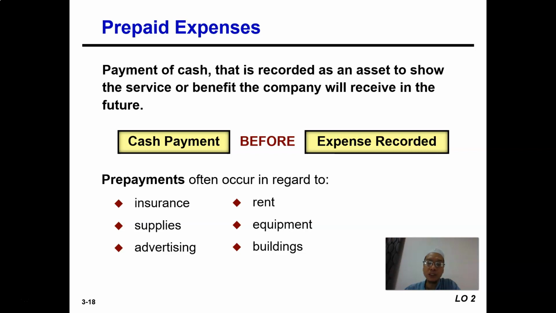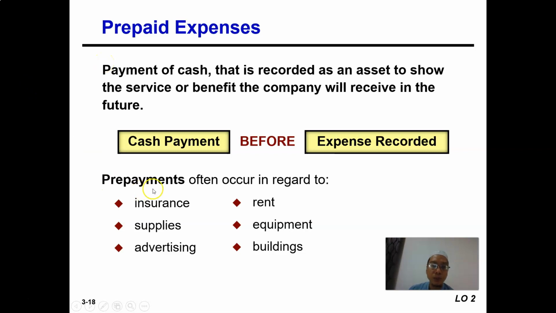When you are expecting to receive benefit, that is called an asset. An asset is something that you expect to gain economic benefit from for a certain period of time in the future. So you have paid the cash, but you will expect to receive the benefit of the expense for a certain period of time in the future.